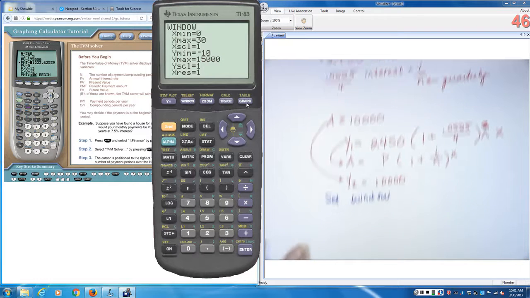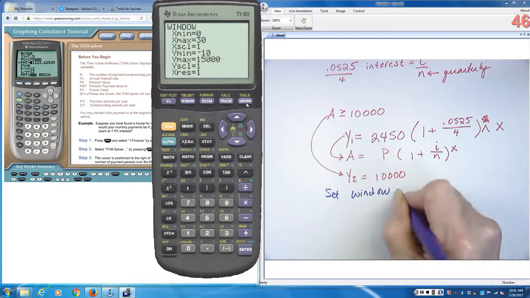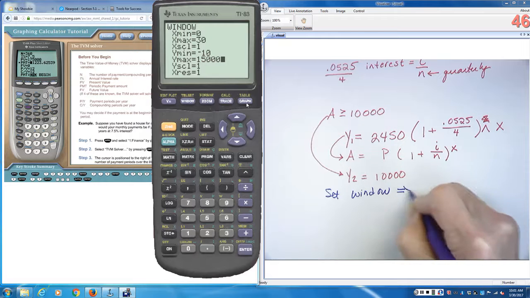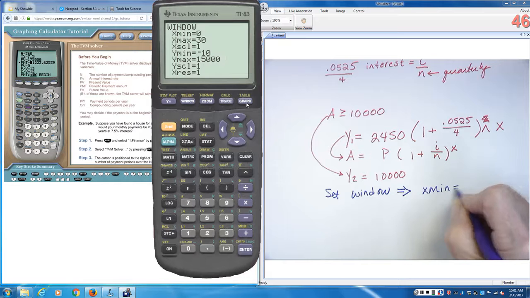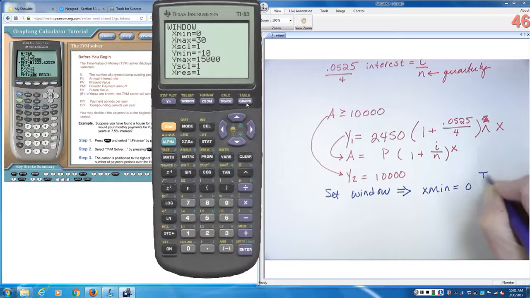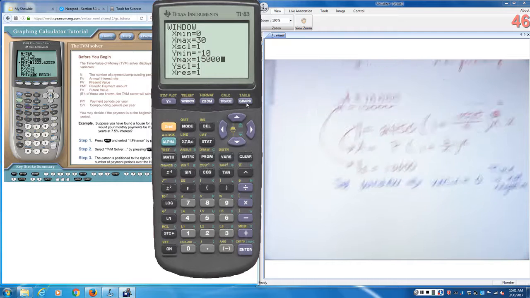I'm going to make some notes here for you so that you'll have them in the recording. When you set your window, X min is equal to 0, and that's because time's not negative.